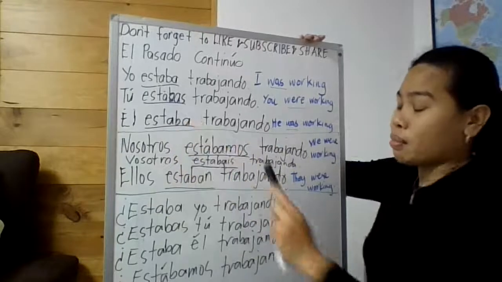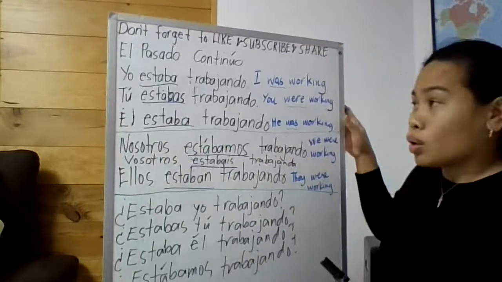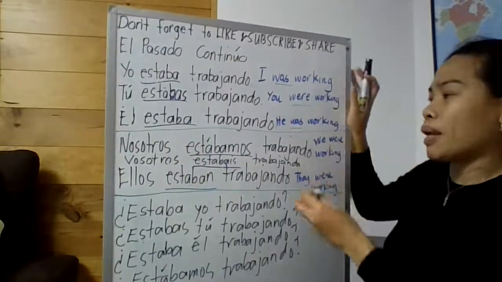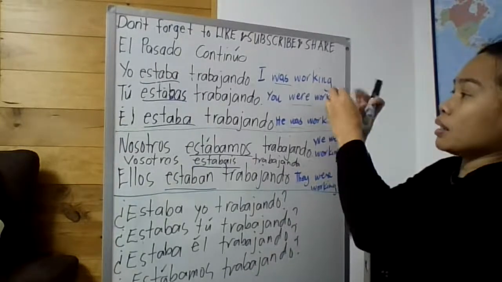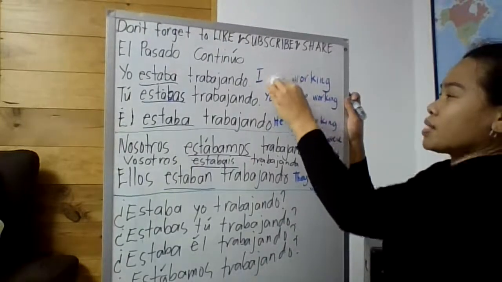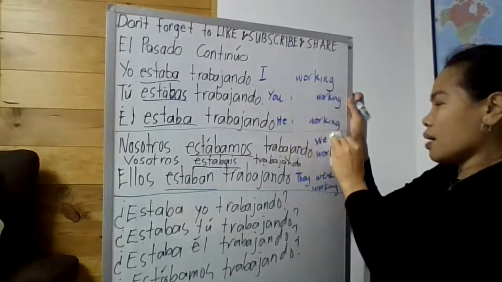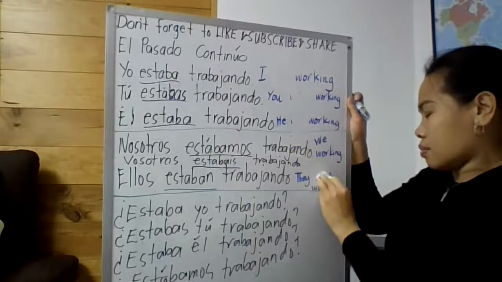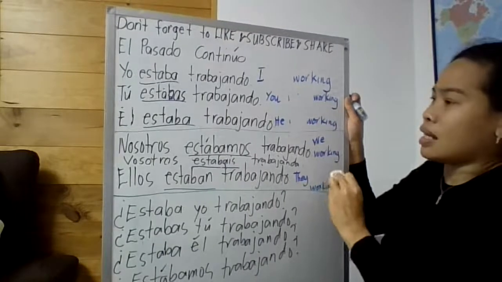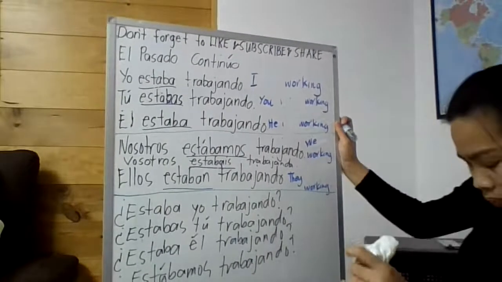Tú estabas, vale, burahin ko po yung past natin, tas papalitan ko para makita nyo yung present. Gawin natin siyang present form para mas makita nyo yung difference nilang dalawa. Okay?